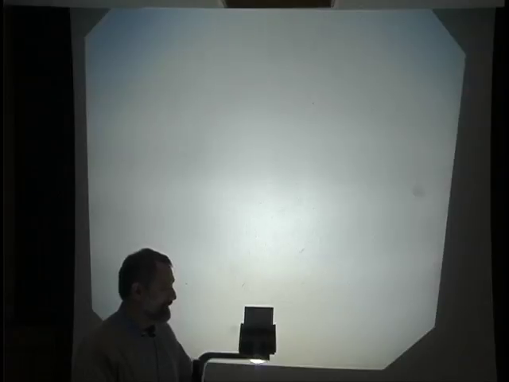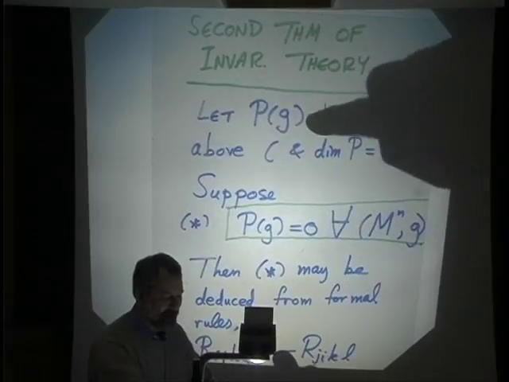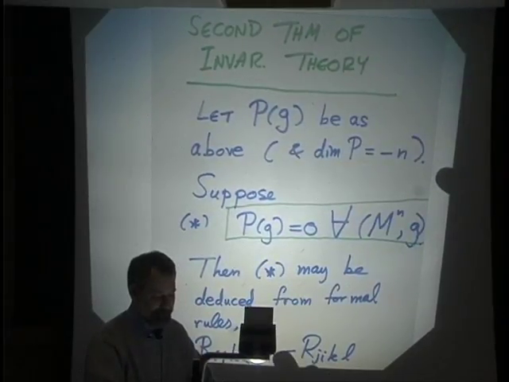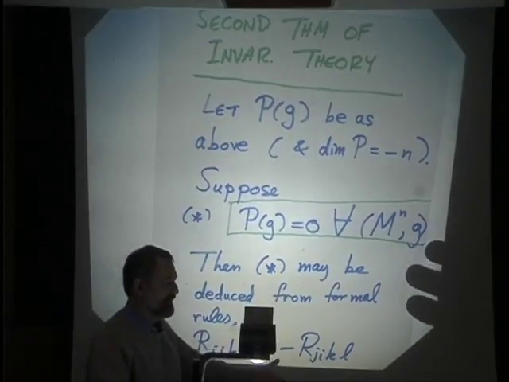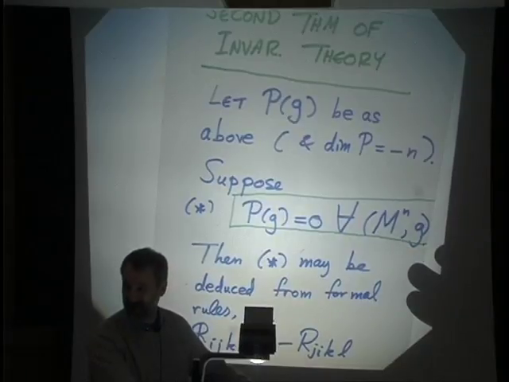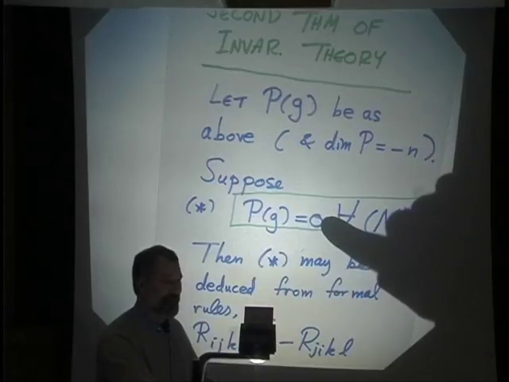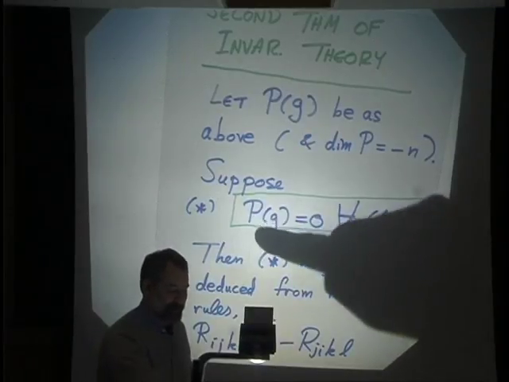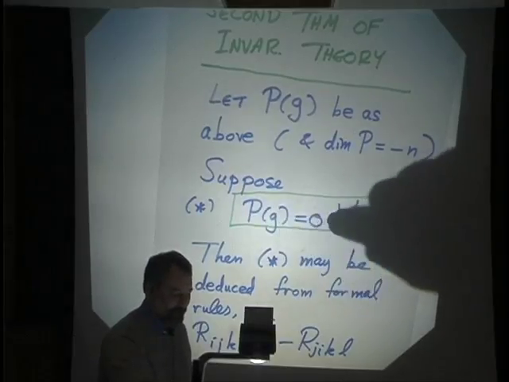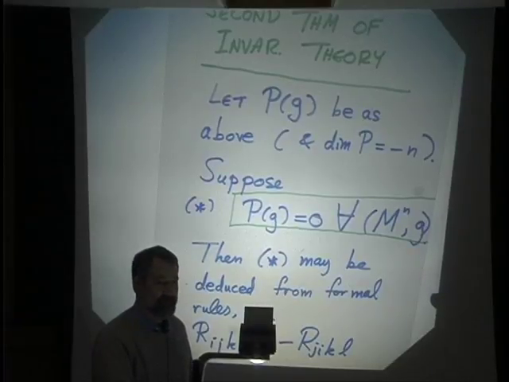But let me tell you instead what information it produces that's relevant to this problem. Namely, for the polynomials P of G that we care about, suppose it happens that you have one of those linear combinations of complete contractions as in the previous transparency, but suppose that it equals 0 all the time. So we've found some very complicated way to produce the invariant 0. If that's true, now that's pointwise, that's not an integral. If that's always true, then the fact that this is always 0 can be deduced from certain simple formal rules.